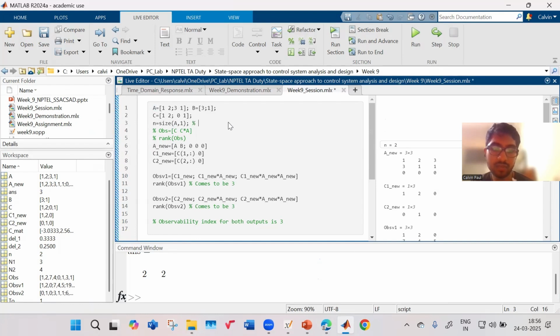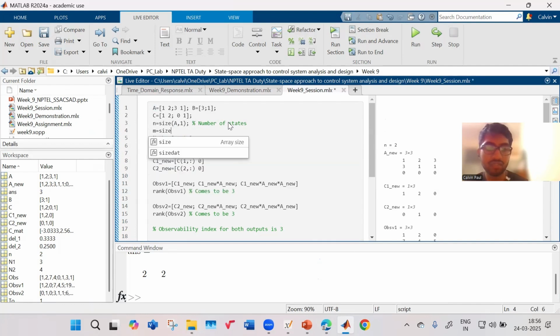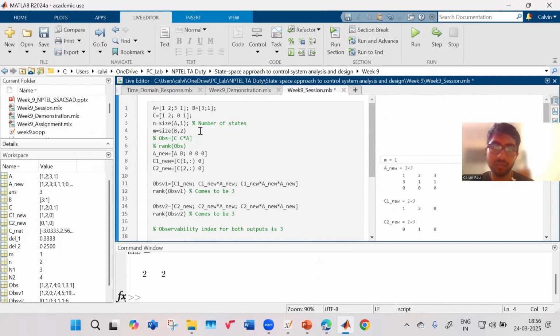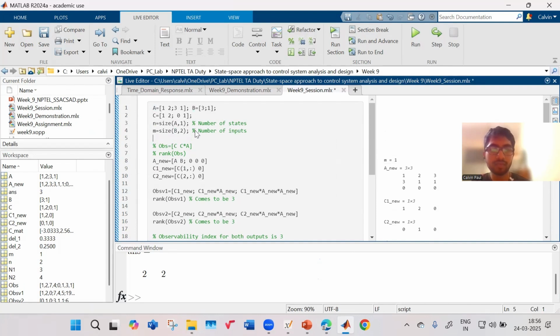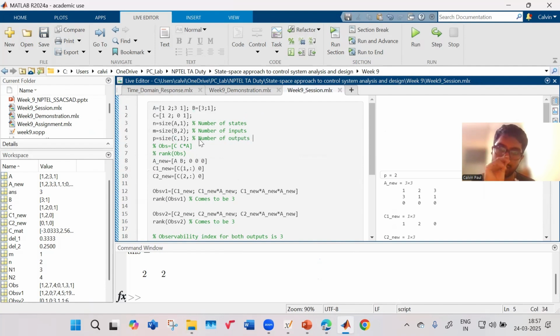So this is the number of states in a system. m is equal to size of B in terms of the number of columns. That is what m equal to 1. Okay. So this is the number of inputs. And our p is equal to size of C in terms of number of rows. So this is the number of outputs which we have in our system.